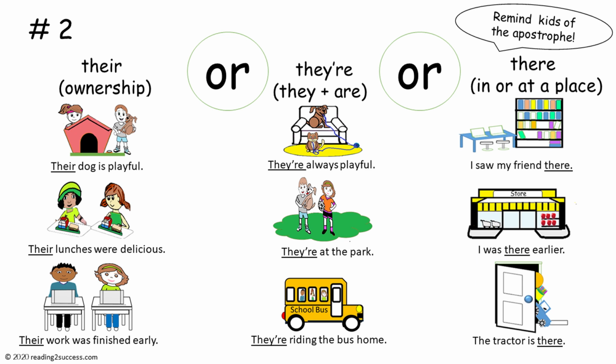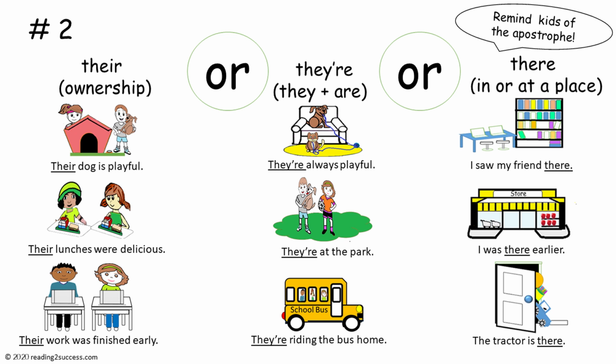Now let's look at number two. Their for ownership, they're for they are, and there for in or at a place. Let's go back to their ownership. Their dog is playful, their lunches were delicious, and their work was finished early.